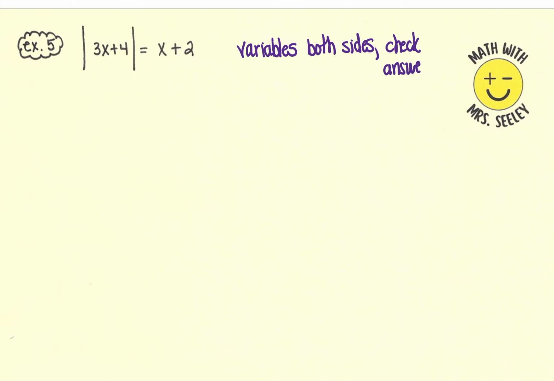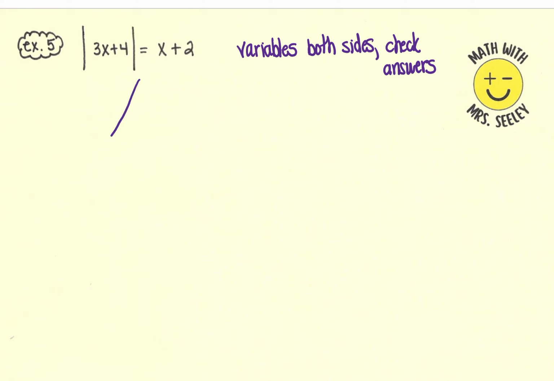Either check them in your mind, or it's really much easier if you check on a calculator with your absolute value. The reason we have to do that is because we have an unknown here, and this unknown could in some way make this side of the equation negative, and absolute value can't equal something negative. So make sure you check.